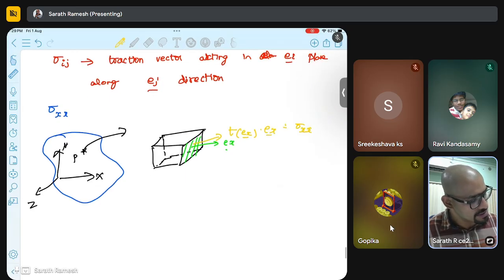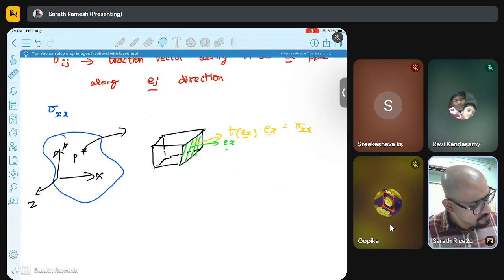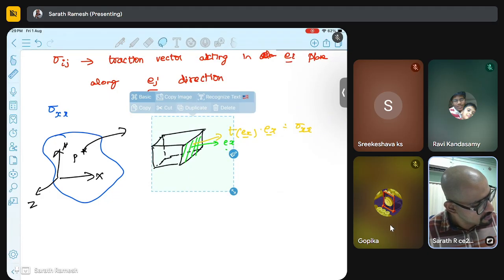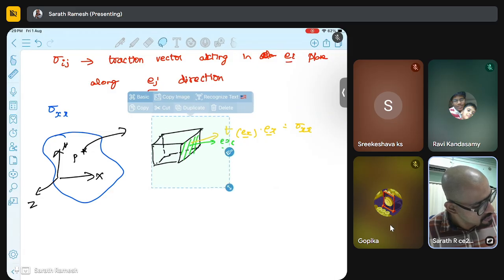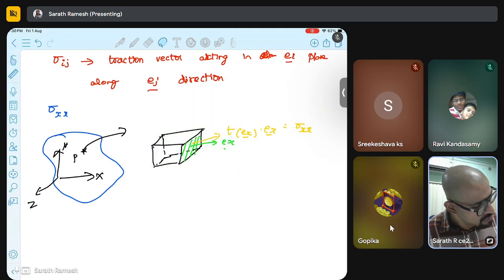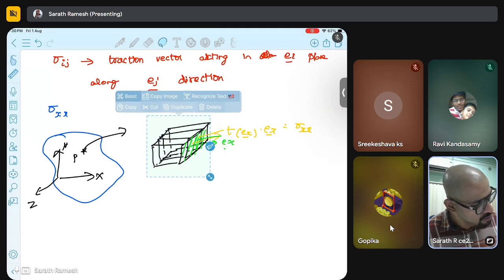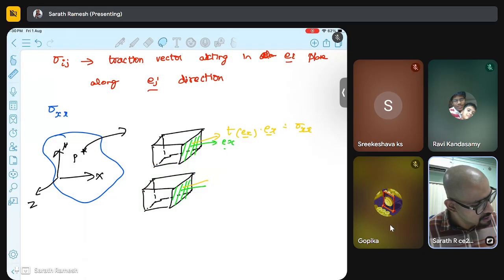So this is sigma xx. Similarly, sigma xy means the same. Let me copy this cube alone. The normal is the same, but the direction, the yellow color, is different. The yellow color is acting upwards in the y direction. The plane is the same, the green is the same.